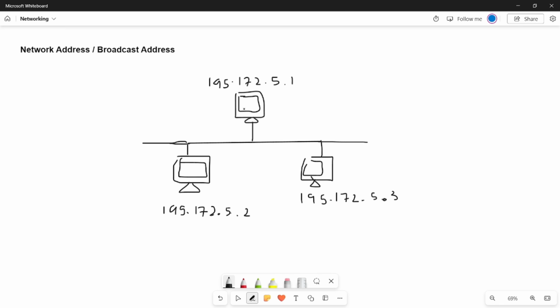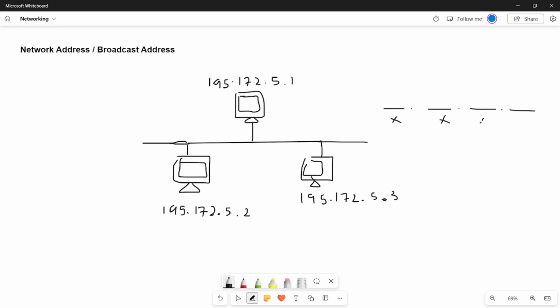The network address of this network is the very first IP address of this network. This is a class C IP address. So you know there are four blocks containing 8 bits each, and we know the first 24 bits are used for the network address.